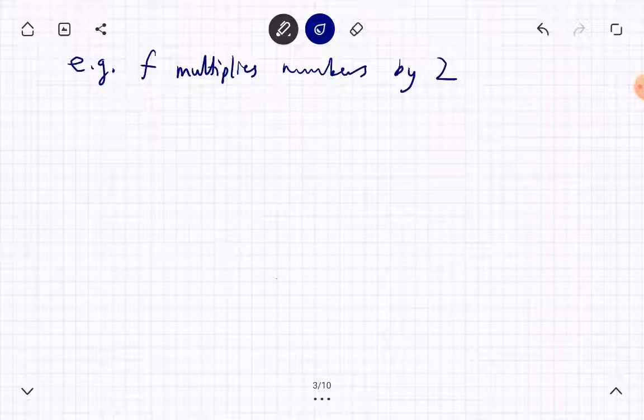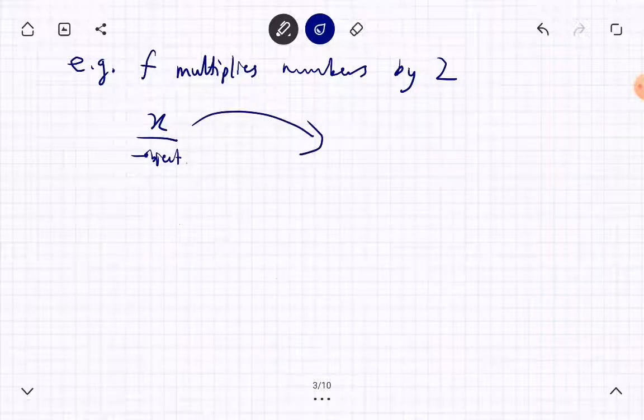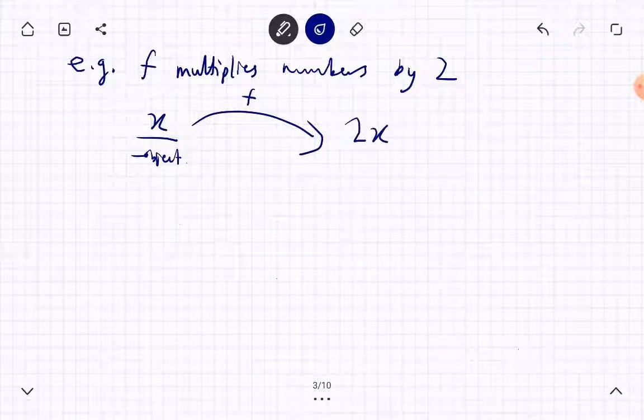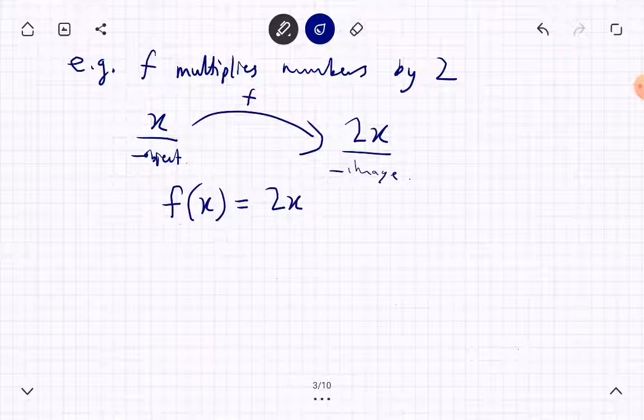So you put in number x as the object, and put it into this function f. It will give you 2 times x, or 2x, which is the image. So we write this function as f(x) equals 2x.